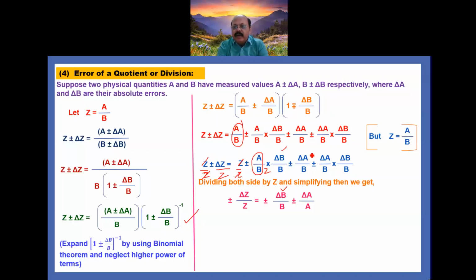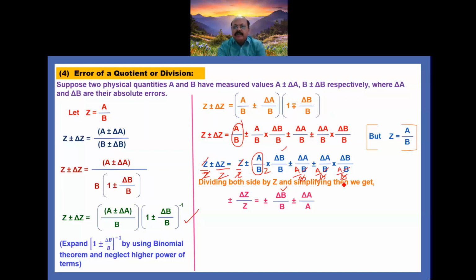Similarly here, when you divide by z, divided by z means a upon b. So this b and b get cancelled, and finally you will get delta a upon a. And here again you divide by z, so you get a upon b, and this b and b get cancelled.